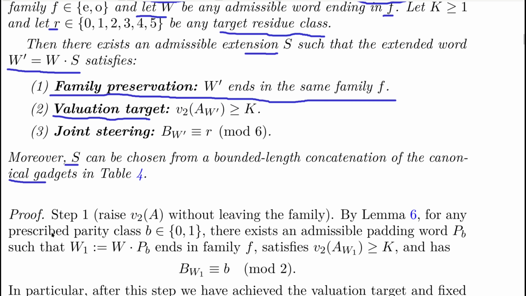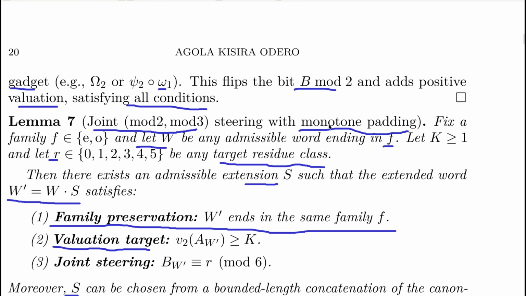So, proof of that. Step 1, raise the two-adic valuation of A without leaving the family by Lemma 6, which was the previous lemma.